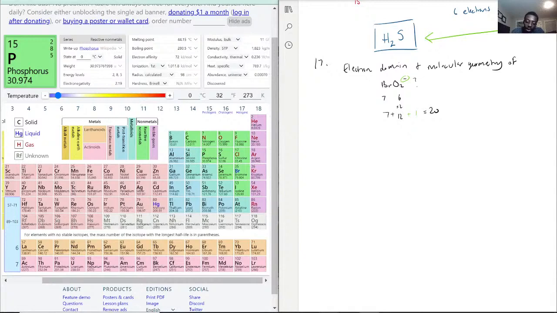Now, because bromine is the single one, that's the one I put in the middle first, surrounded by 2 oxygens. Now we want to make sure we fill in 20. First let's do the single bond on each side.